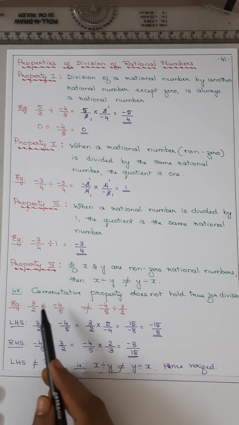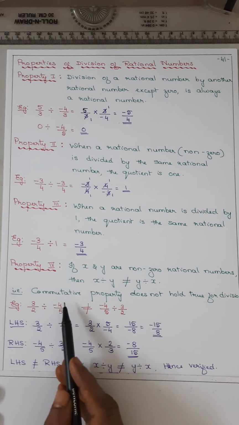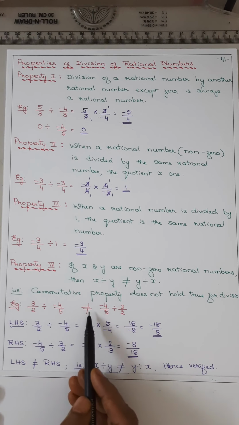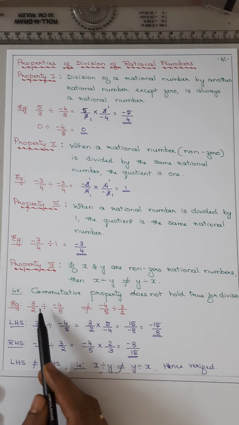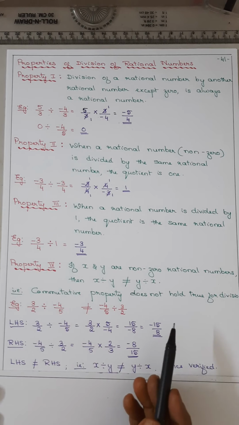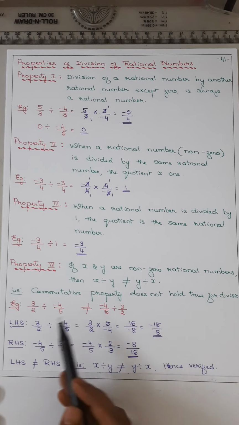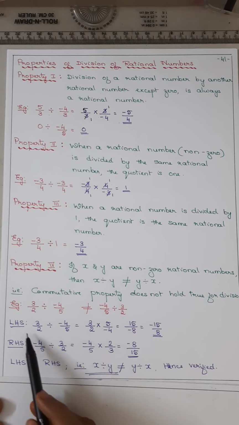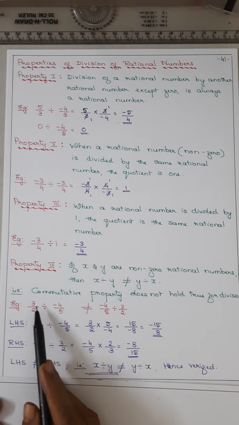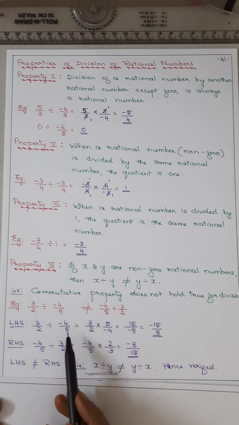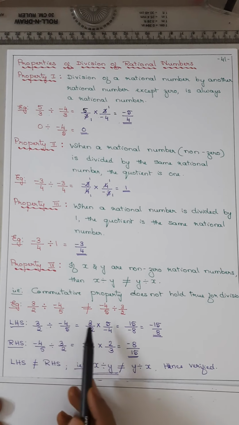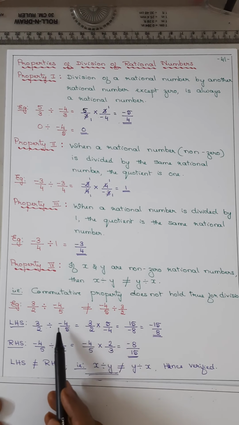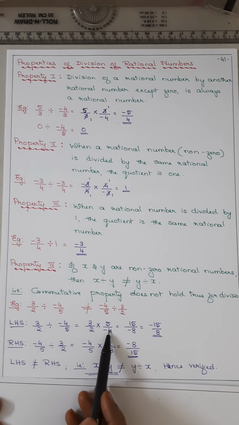Now example: 3 by 2 divided by minus 4 by 5 is not equal to minus 4 by 5 divided by 3 by 2. Same numbers but the arrangement is different. So LHS, this one, 3 by 2 divided by minus 4 by 5. First 3 by 2 as it is, division sign to multiplication sign, minus 4 by 5, write 5 by minus 4.